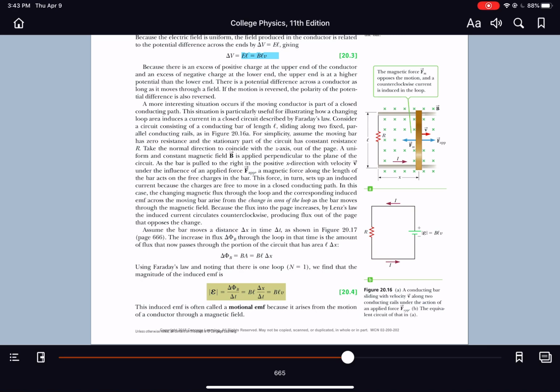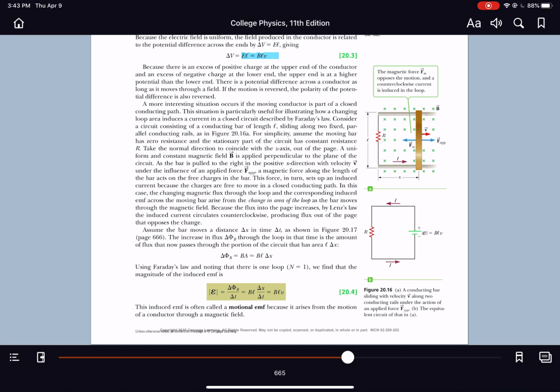And we might want to say, okay, as we're moving that bar towards the right, what is going to happen? You're actually going to get a force, but then you're going to have Lenz's law kick in and induce a current in the wire that's going to go in the opposite direction to counteract that force.